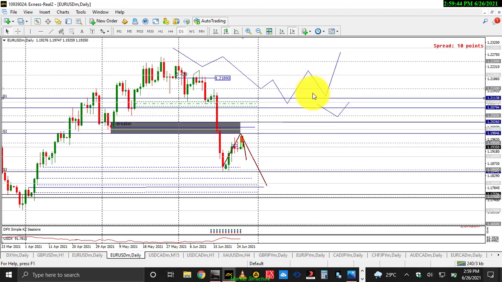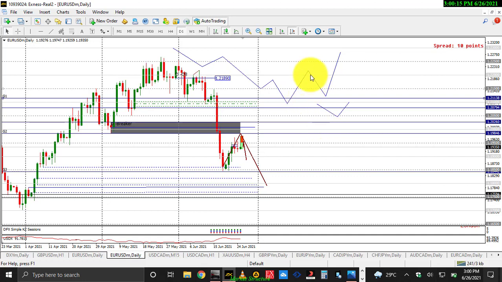Only 50% of it is optimal for price to move up, but price moves below this low. If price moves below this low, then we should expect the bearish stance to continue over here.